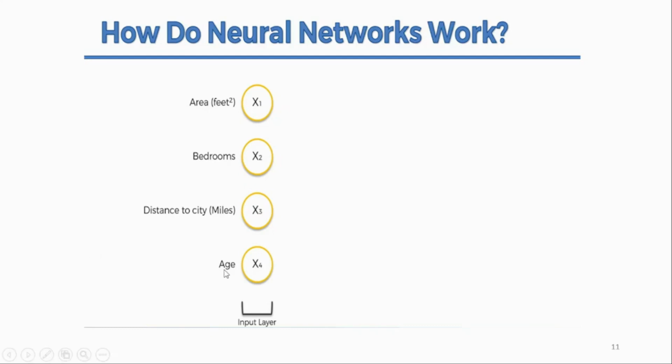This is how much it was built, before 5 years, before 1 year, a brand new house, what is the age of this house. So this is the input layer. The input layer takes inputs from the data sets. These are basically the features of the data sets. If you look at the house prediction data sets, these are the different features inside the data sets.